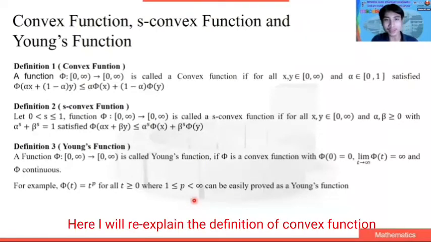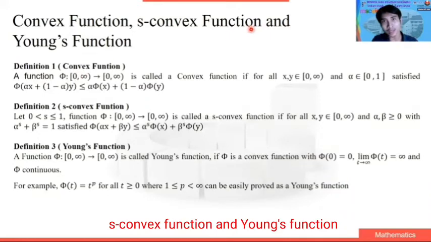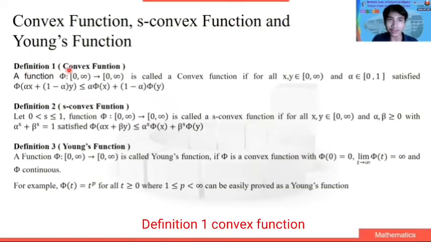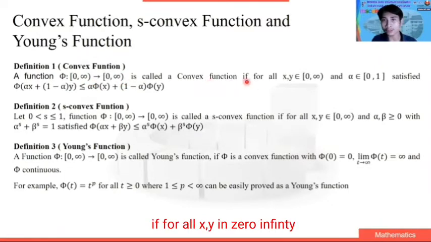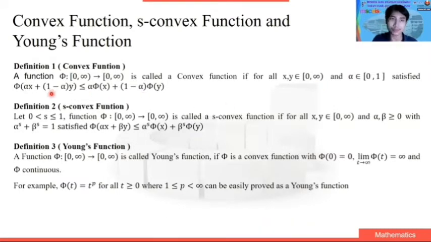Here, I will explain the definitions of convex function, S-convex function, and Young function. Definition 1, convex function. A function phi from 0 to infinity to 0 to infinity is called a convex function if for all x, y in 0 to infinity and alpha in 0 to 1 it satisfies this.